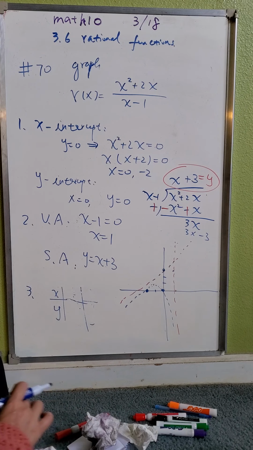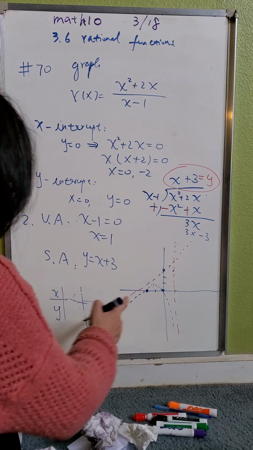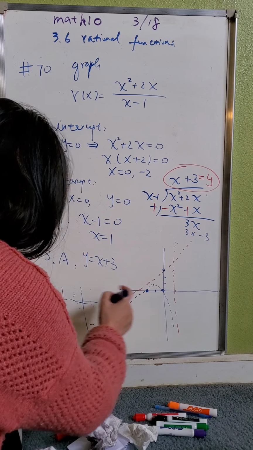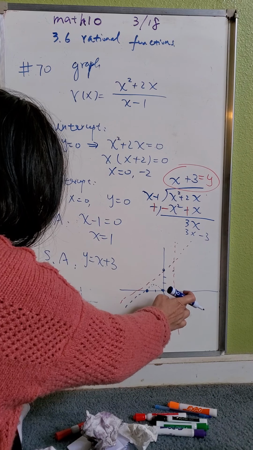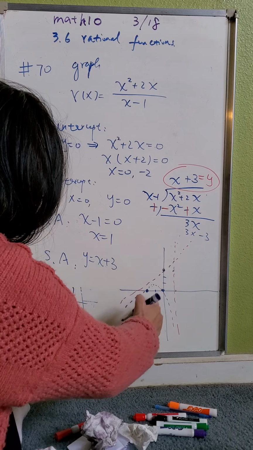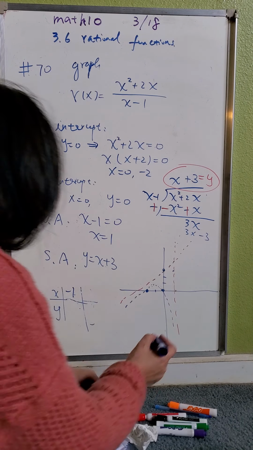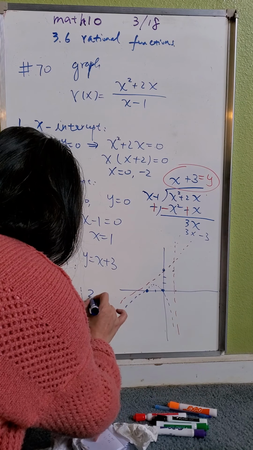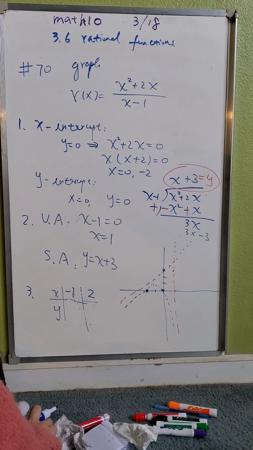I'm going to pick -1, because this is -2 here, so I put -1. And then on this side, I want to pick a point here. I want to know, because they are very likely going to be on the other side, remember I said they are opposite and symmetric to each other. So I pick a point at 2, because the asymptote is at 1, so I pick a 2. When I put -1 here, it comes out equal to 1/2.